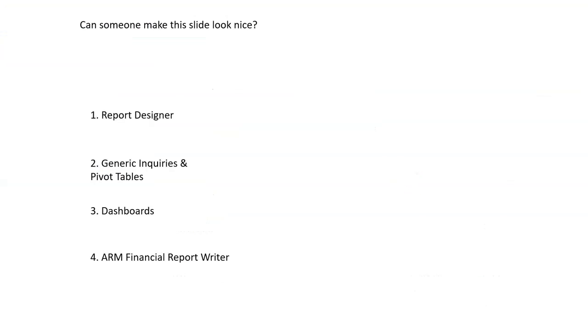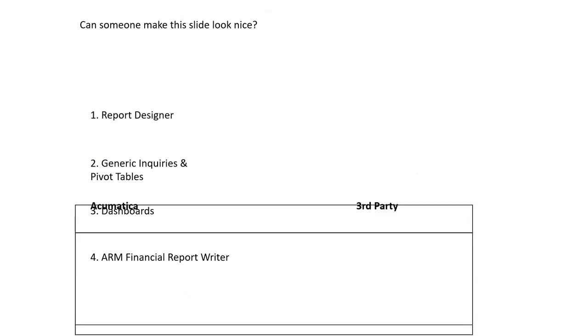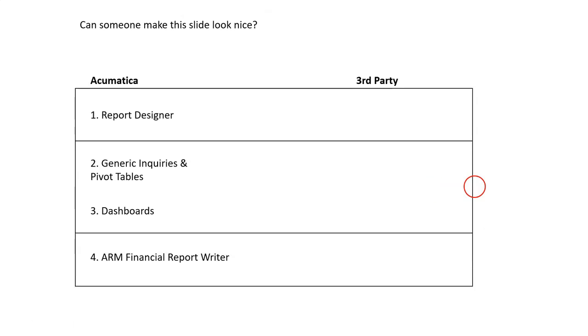So coming back to our 4 out-of-the-box reporting tools, let's now look at it this way. These are the 4 options we have inside of Acumatica. But on the webinar today, we've got 2 additional third-party options to consider. Now I'm drawing lines around these, which Johnny and Gabrielle might not like, but I'm just trying to summarize things.